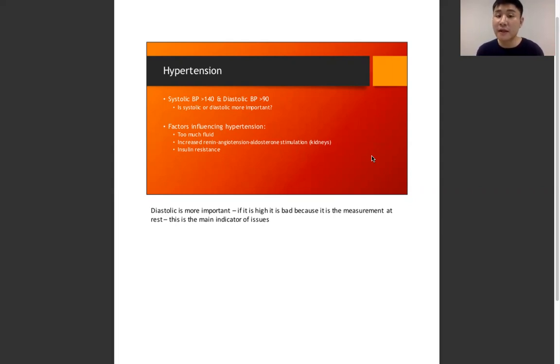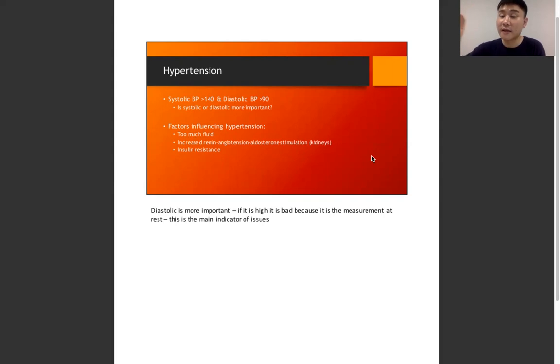So factors that influence hypertension, meaning what causes hypertension: too much fluid. Too much fluid inside the body can increase the blood pressure. For example, if you pour 1 liter down, the pressure of 1 liter compared to when you're pouring 10 liters down is different.